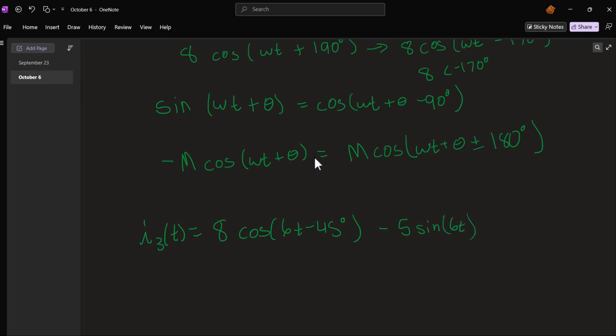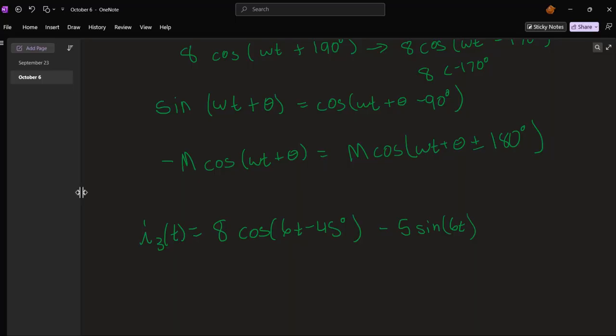Now, phasors, it's very easy to multiply and divide phasors. It's a lot harder to add and subtract them. You usually have to turn them into A plus Bj format to do that.